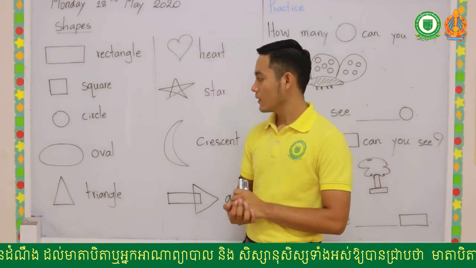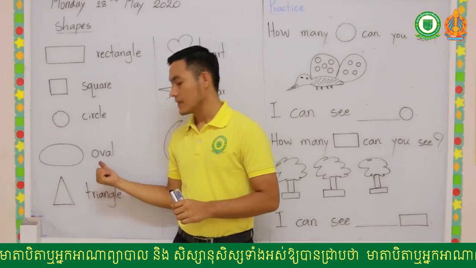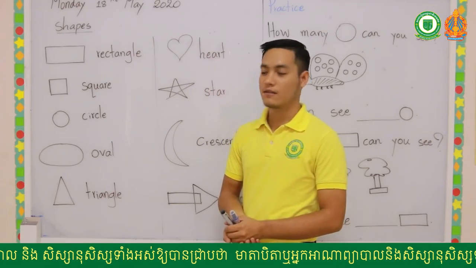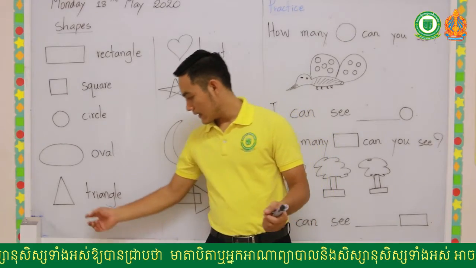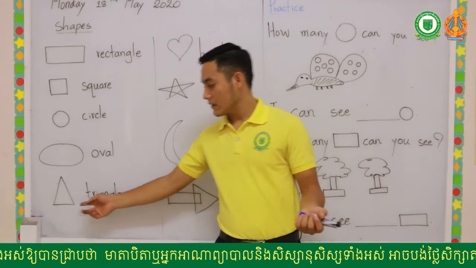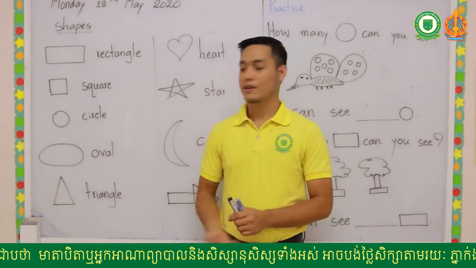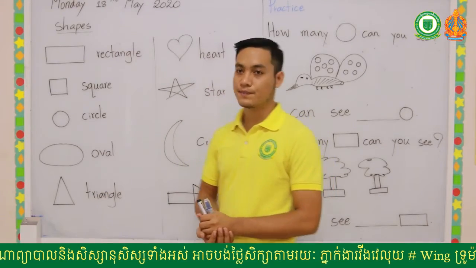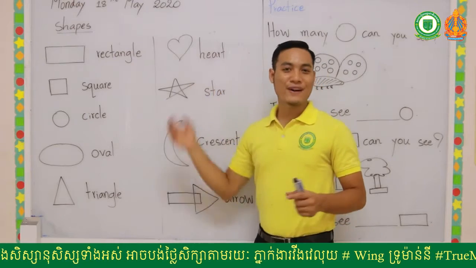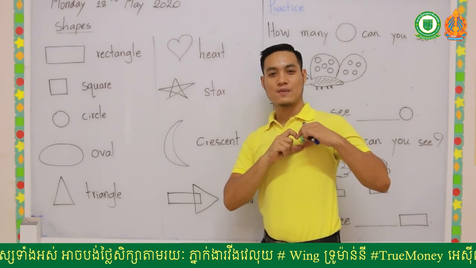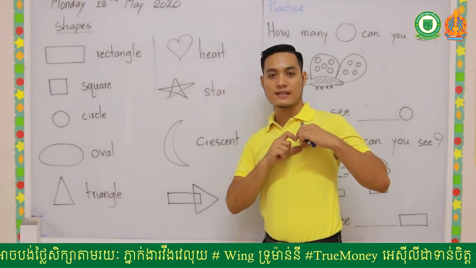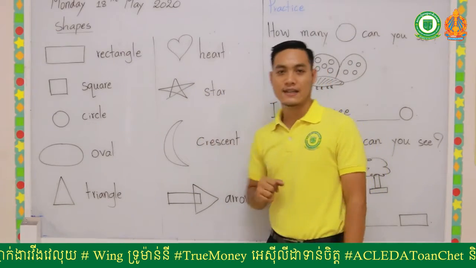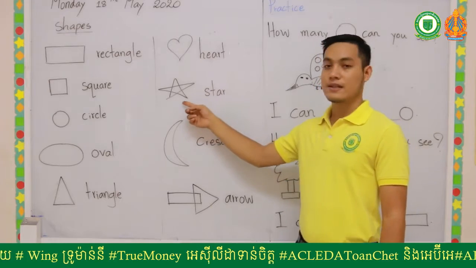And the next one is oval. Right? And another one is the word triangle. And another one is, what shape is this? This one is heart. Right? And this one is star.